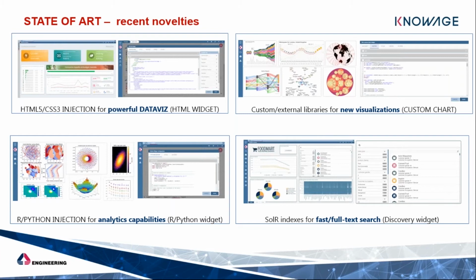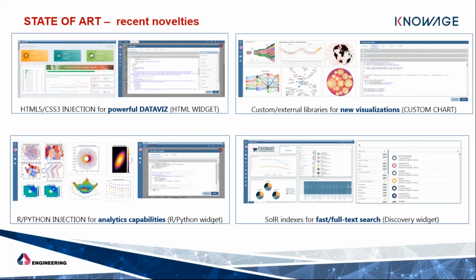And Knowage provides many wizards to design and define each kind of widget. But in the latest version, we also released many new widgets to open the cockpit and enhance its customization capabilities.